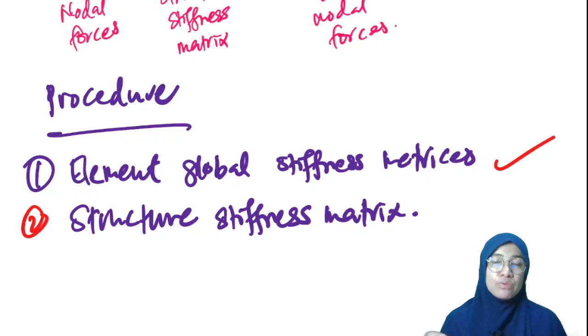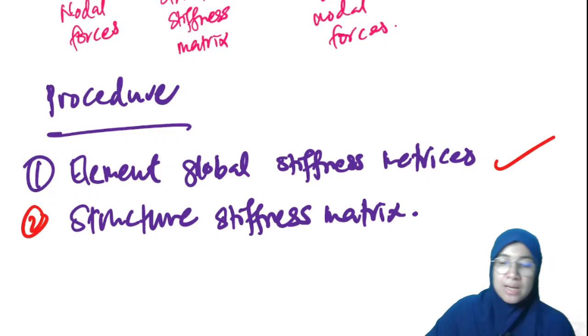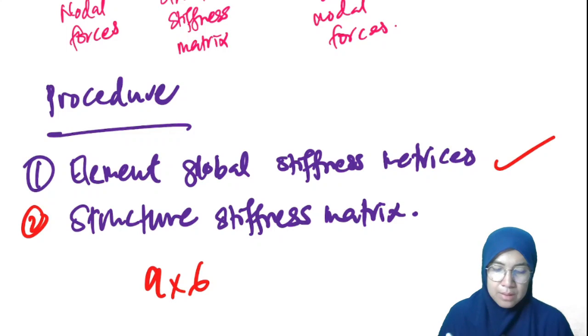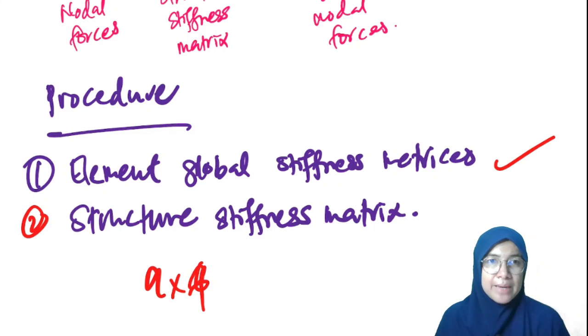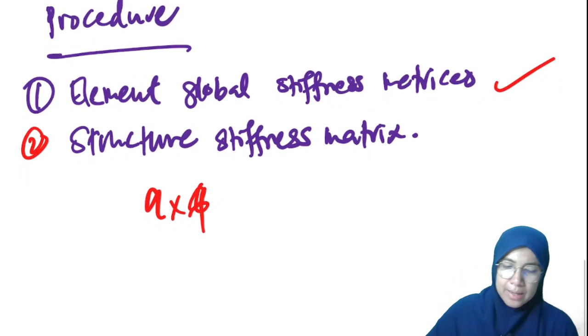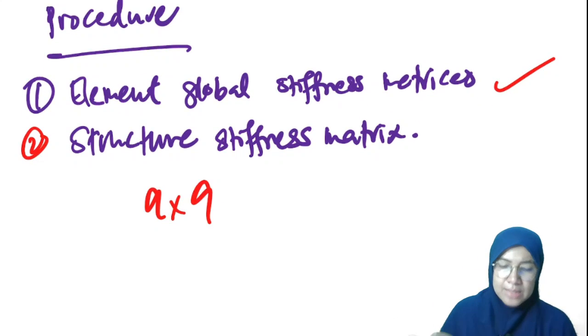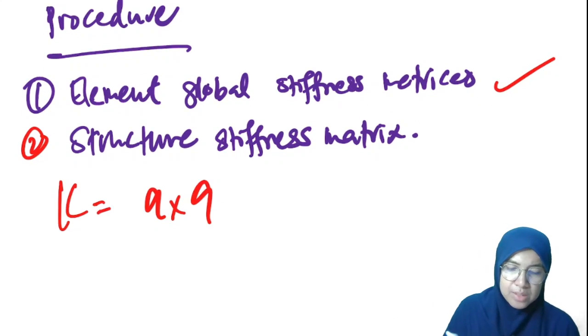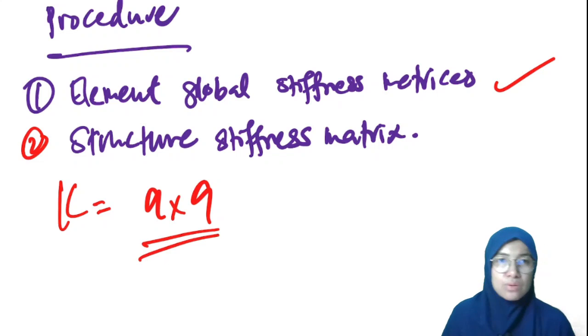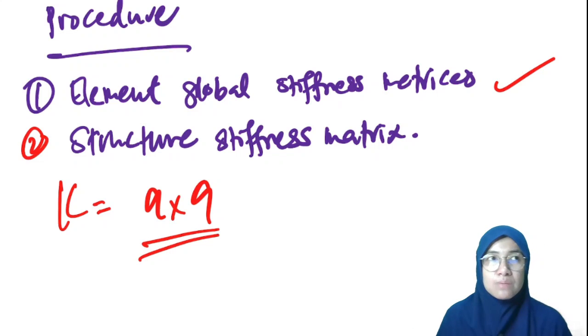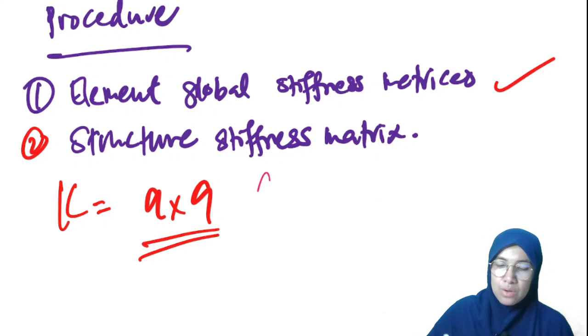Okay, in full means a 9 by 9 matrix. Based on this question, we have a 9 by 9 matrix, and this K which is a 9 by 9 matrix is not compulsory unless the question asks you to do so. Okay, so this is not compulsory.